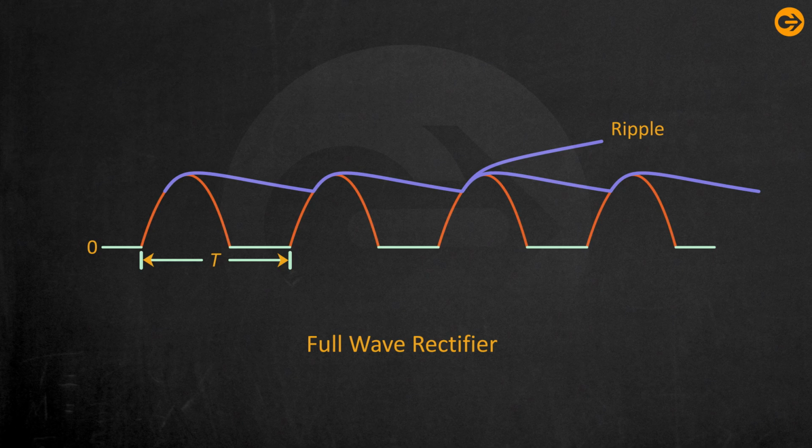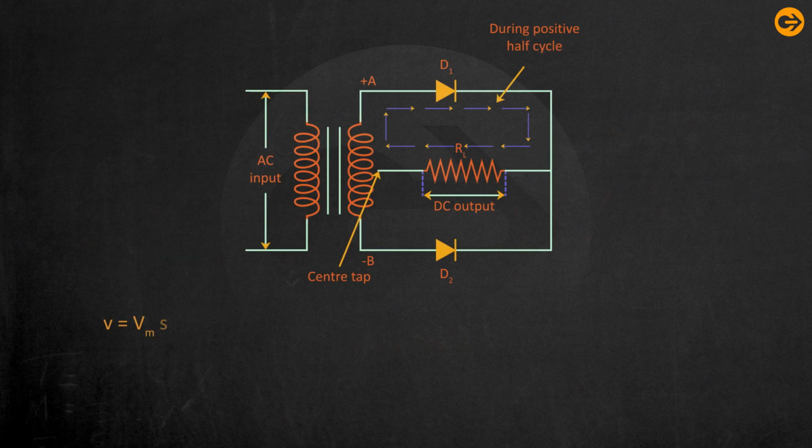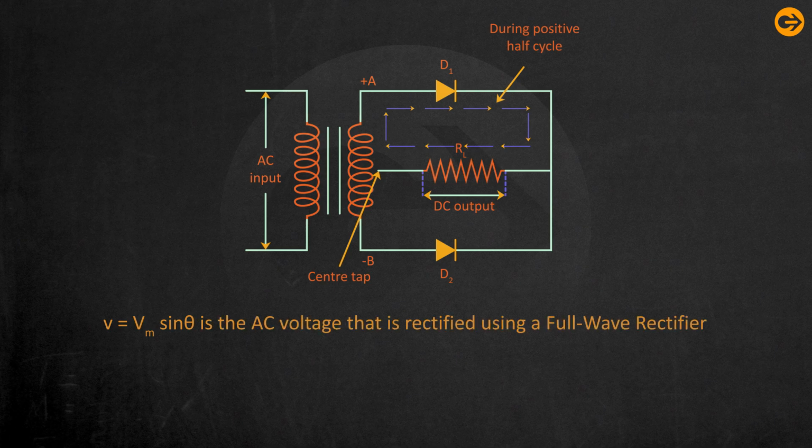Let us look at a full wave rectifier. V is equal to Vm sin theta is the AC voltage that is rectified using a full wave rectifier. Rf is equal to the forward resistance of the forward-biased diode which conducts current at each half cycle.